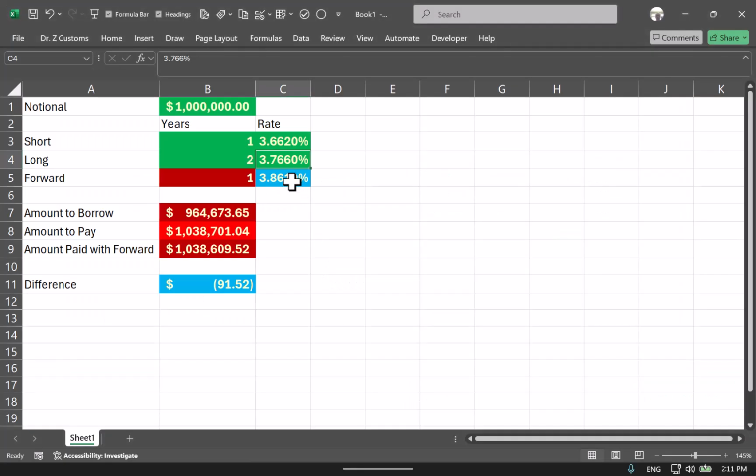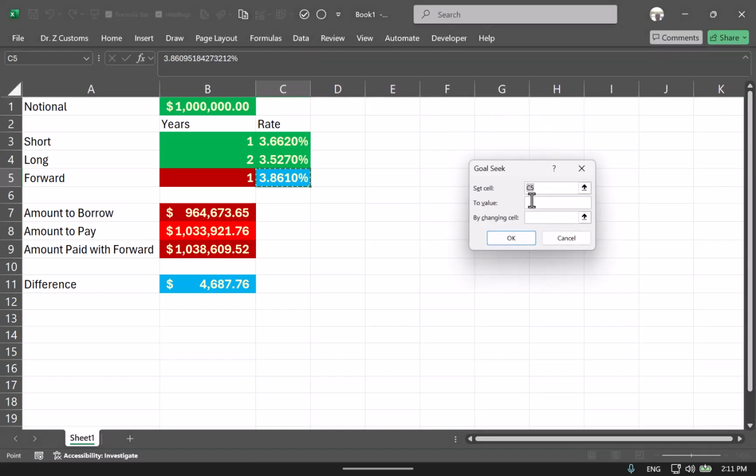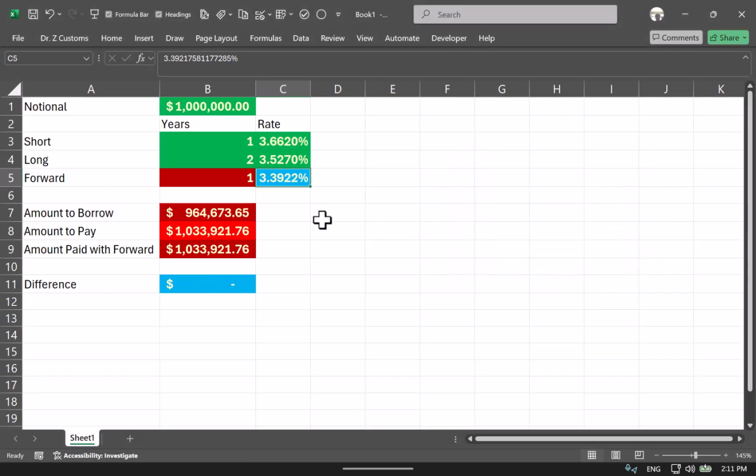Now let's do our goal seek again. Make this thing 0 by changing the forward rate. As you can see, forward rate is now less than both of them. Why? During the span of the forward agreement, spot rates are actually going down.